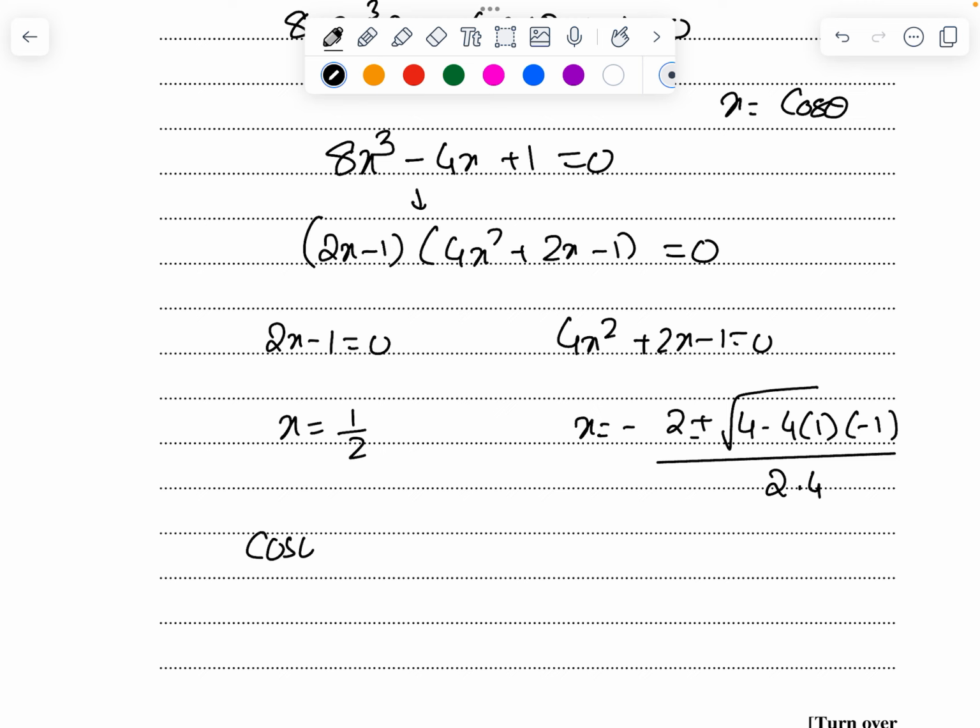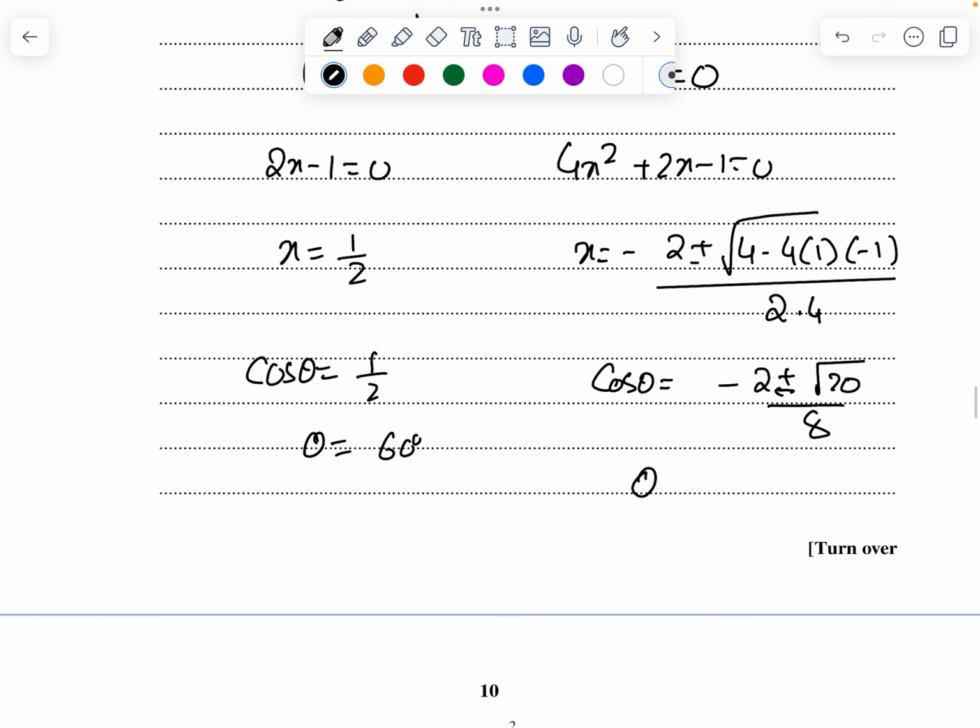So cos theta equals to 1 upon 2, theta equals to 60 degrees. So cos theta equals to minus 2 plus minus square root of 20 divided by 8. Use the calculator. You should be able to get the value of theta as 72 degrees and 144 degrees.